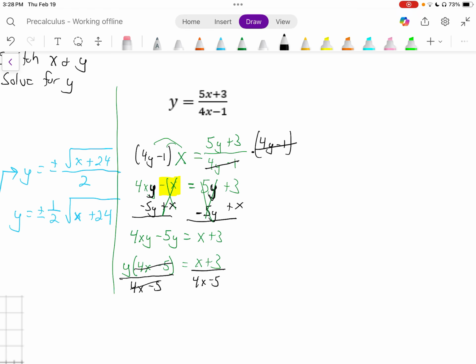These cancel, and we are left with our answer. So y equals x plus 3 over 4x minus 5. And that is the inverse. That one's a little trickier. If you need to watch through that one again, just go back and watch it again.